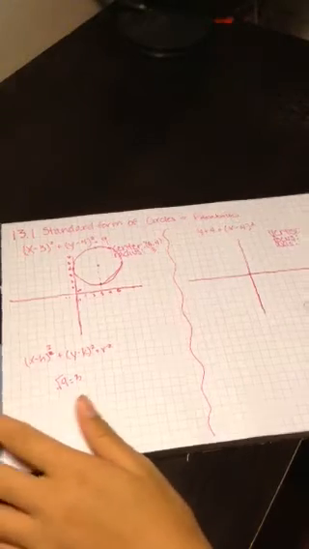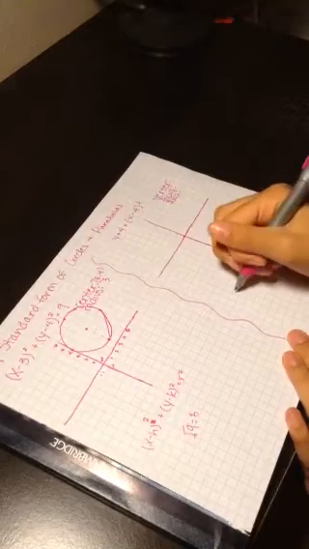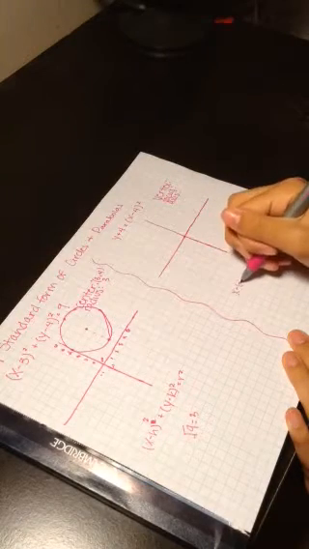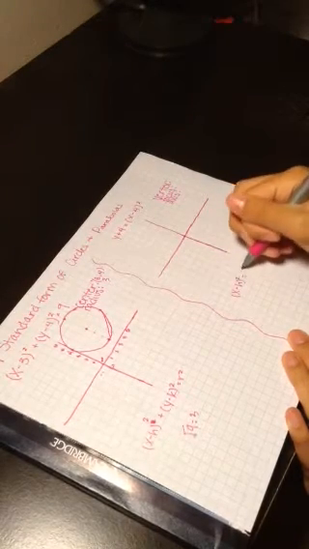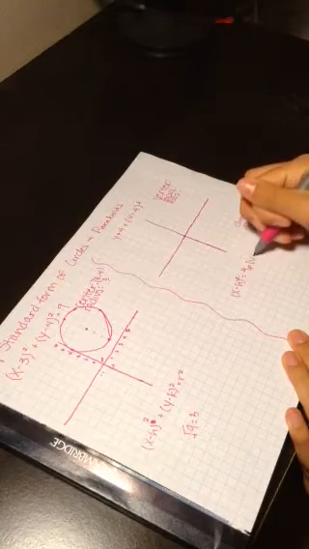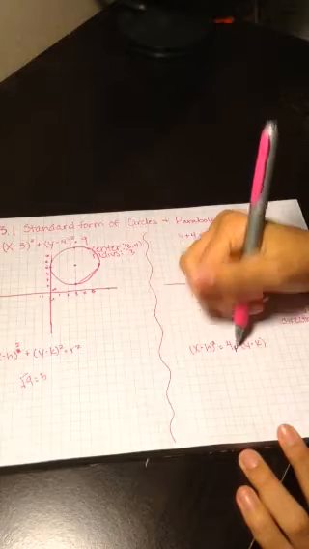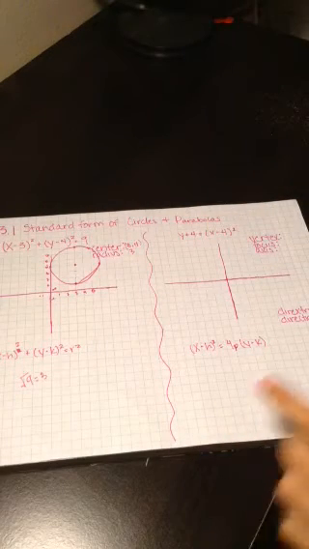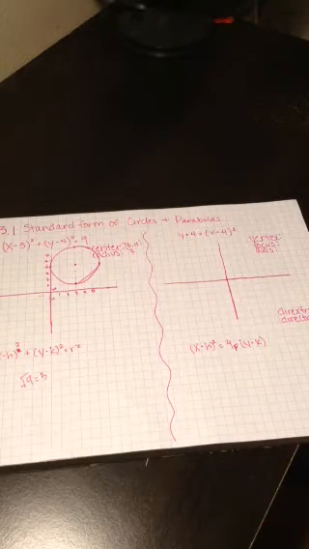Next we're doing a parabola. This p represents the distance from the vertex to the directrix, or the vertex to the focus.